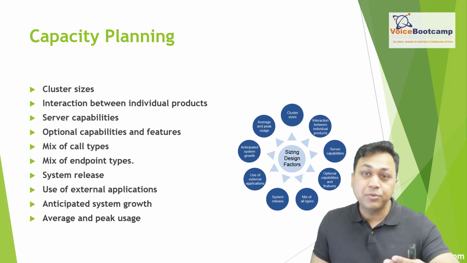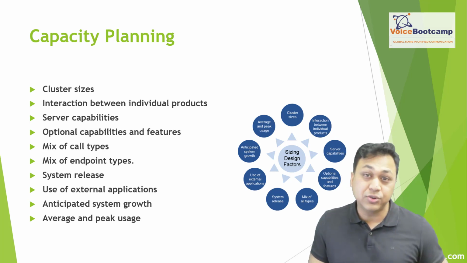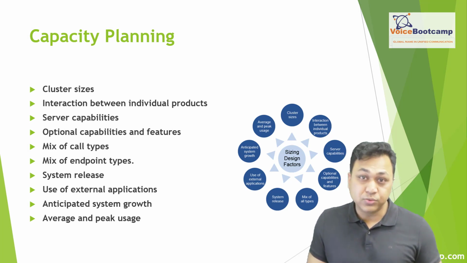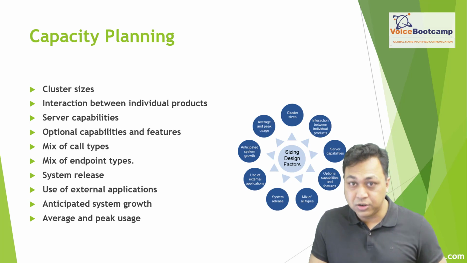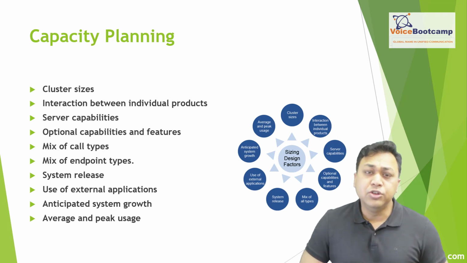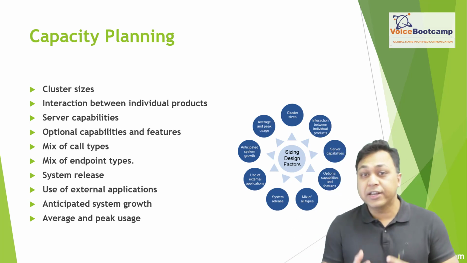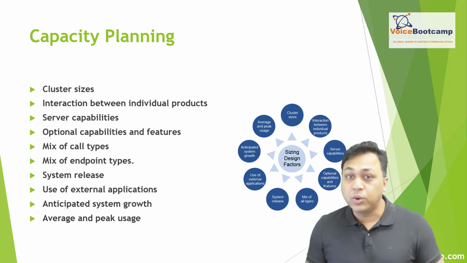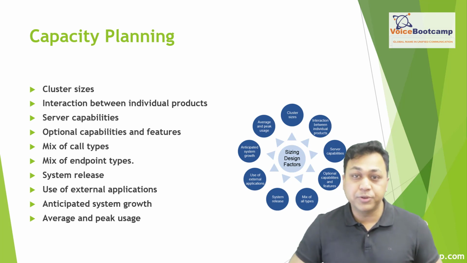How does that upgrade to a new version affect your existing configurations? Different releases will have different requirements depending on Cisco's documentation. Then you need to look into whether you are using external applications to communicate with, and if so, which one, and what the requirements are from a network perspective.